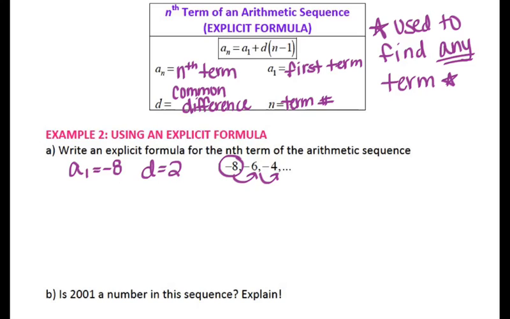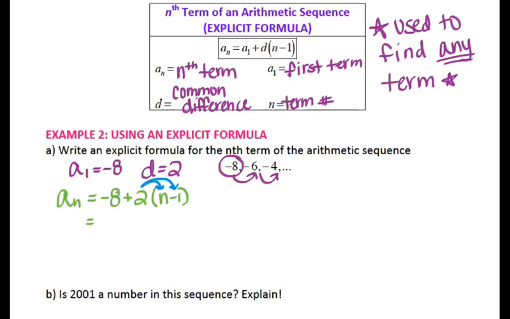So I can take those 2 things and replace it into our explicit formula. So I have AN equals my first term, which is -8, plus D, which is 2, times N minus 1. From here, we can simplify it further, so we can distribute the 2 into the parenthesis.